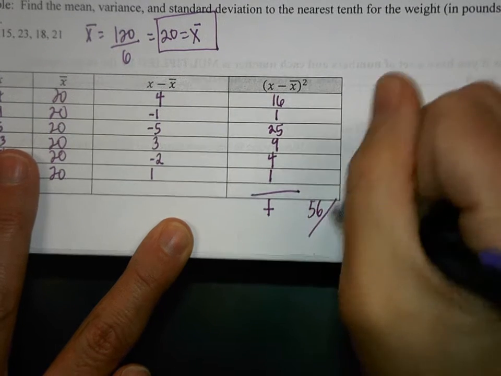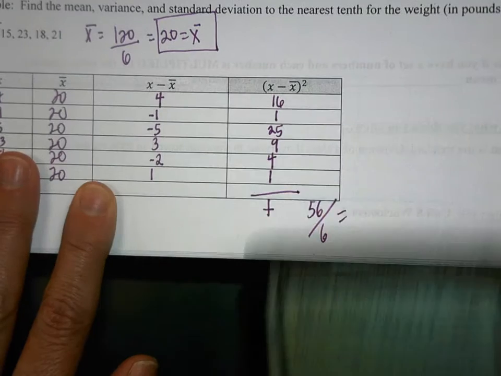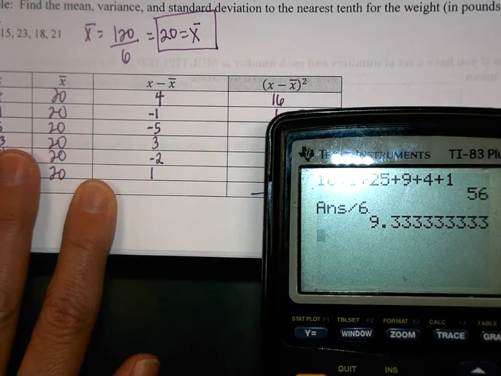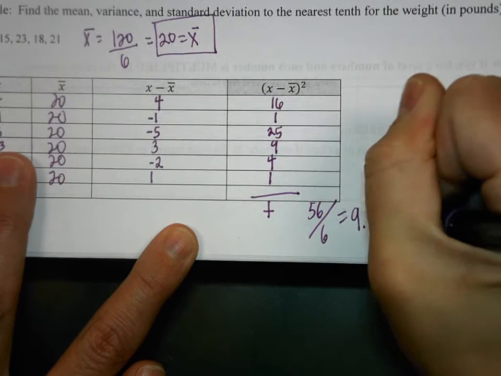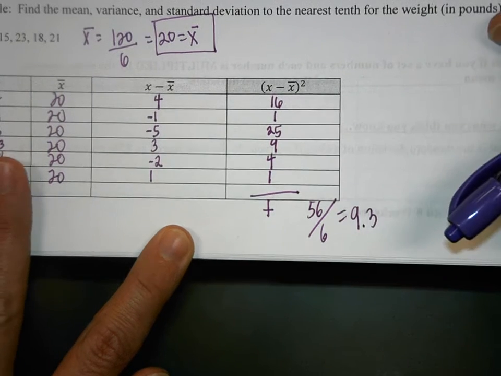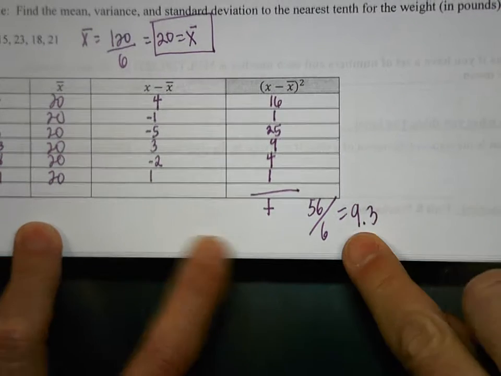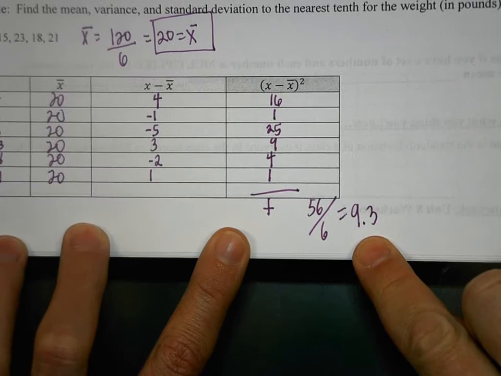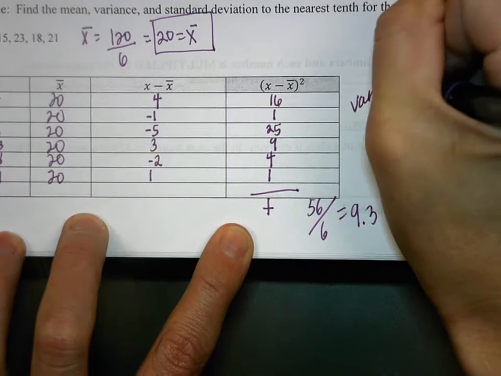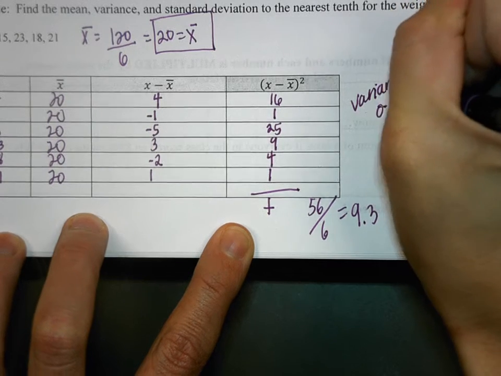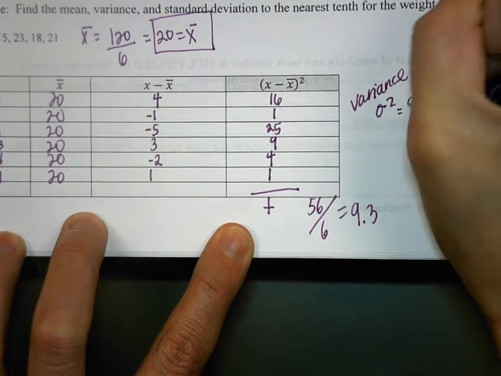Good. Divide that by 6. And when I do that, we get 9.3. Okay, so what number does this represent? Our variance. Very good. So variance, which is our sigma squared, is 9.3.